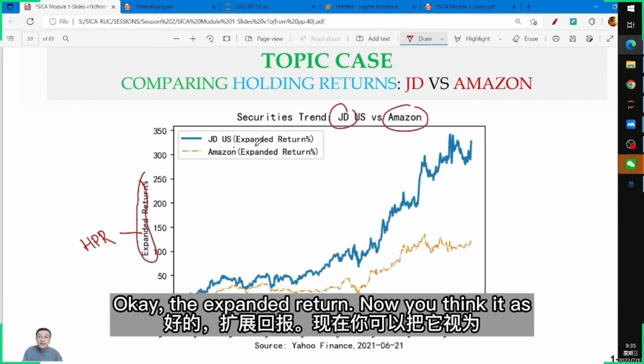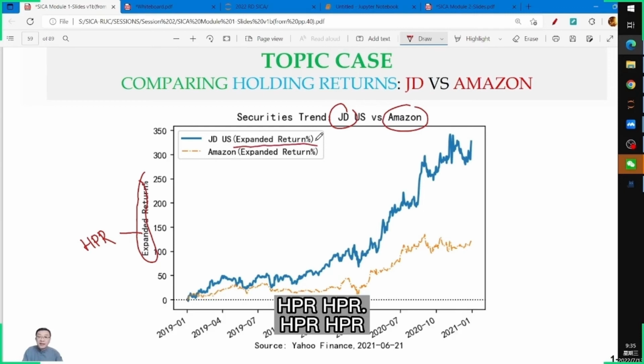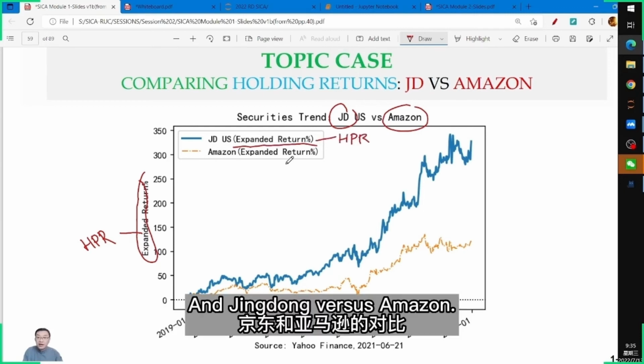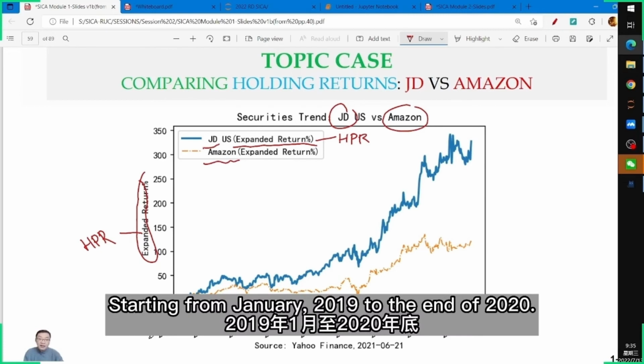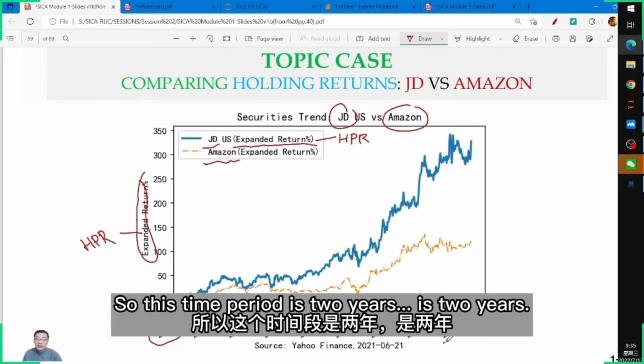Okay, the expanded return. Now, you can think of it as HPR. And Jingdong versus Amazon. Sorry, not Alibaba. Starting from January 2019 to the end of 2020. So this time period is 2 years.